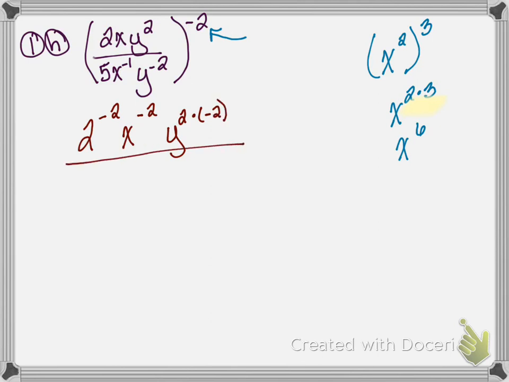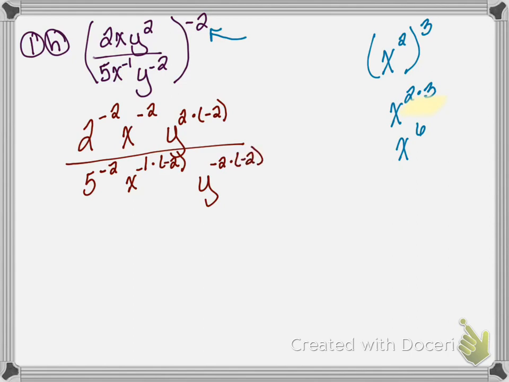Then we have 5 to the negative 2. Okay, and again, now we've got x to the negative 1. And I am going to be multiplying that times the negative 2 because power to a power we multiply. We're going to do the same thing on the y. Y to the negative 2 times negative 2.